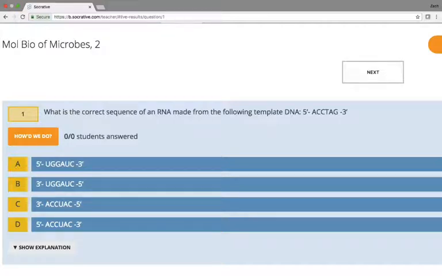What are key characteristics of RNA that make it distinct from DNA? What's the most basic one that we oftentimes talk about? U and T switch, right? Instead of thymine in DNA, we find uracil in RNA. There are other differences with respect to the sugar, but we're not going to worry about that right now. All of these have U, so that's not an issue here.